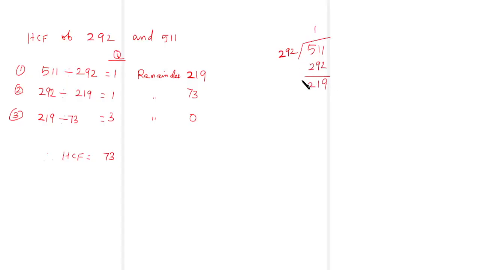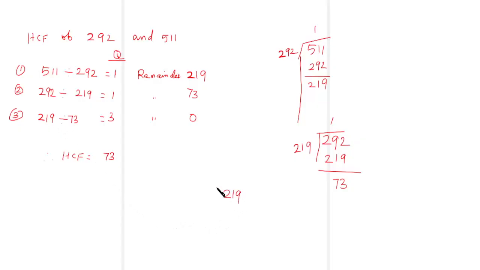219. Then you have to divide 292 by the remainder, 219. So ultimately the quotient is 1, and the remainder is 73. Then in the third step, 219 divided by the remainder 73.